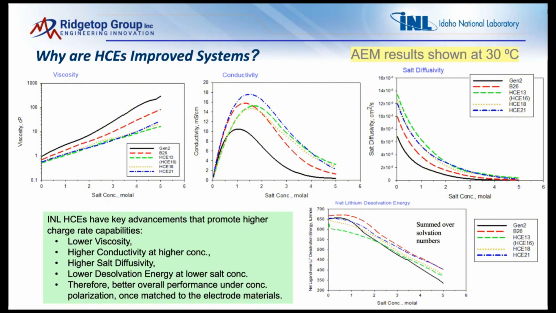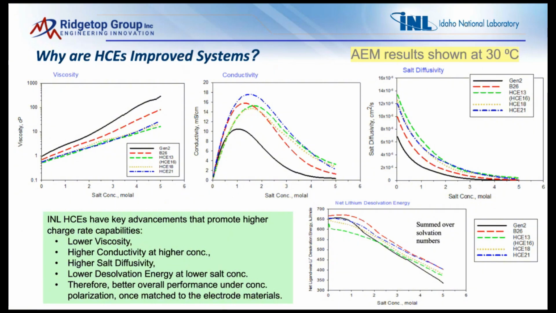The baseline would typically be used around 1 molal, and if we go to 3 molal, we still have very competitive viscosity. The same happens with conductivity, where the maximum value that we see for these systems is quite a bit higher than the baseline, and the range of usable conductivity, say at 10 millisiemens per centimeter, is still very competitive and remains high, even up to about 3 molal. It doesn't become constrained.